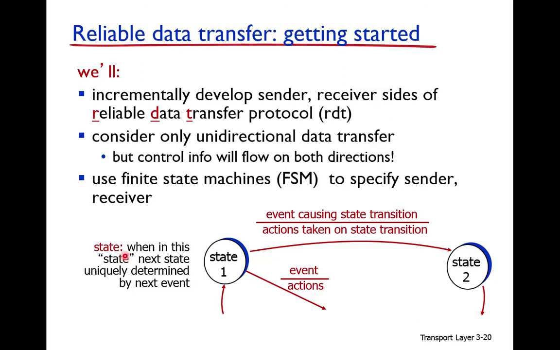If you are in a state and want to go to another state, there will be some events. When some event occurs at state 1, some actions are performed, and then you move from state 1 to state 2. This FSM is used to specify the overall behavior of RTDT and to know whether there is an error or not.